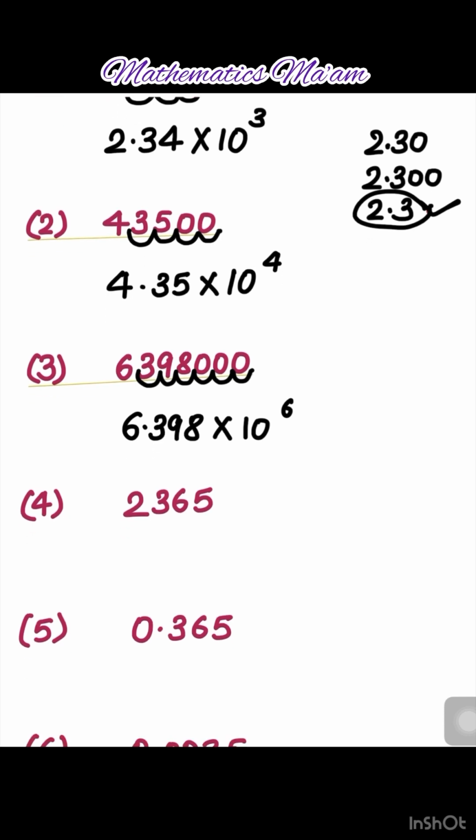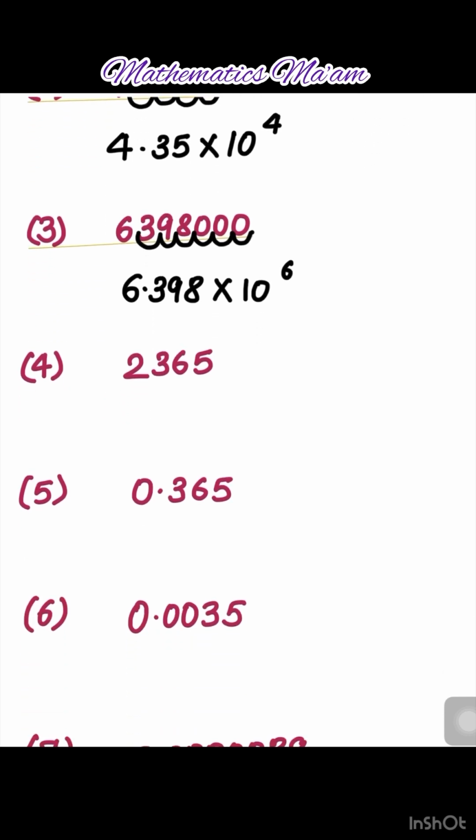Similarly, let's see one more example. Fourth one. If you have 2365, when the decimal is nowhere, it means it is at the end. How many places do we have to move it? 3 places. So we'll write 2.365 into 10 to the power 3, because we have moved 3 places from right to left. This is the answer.